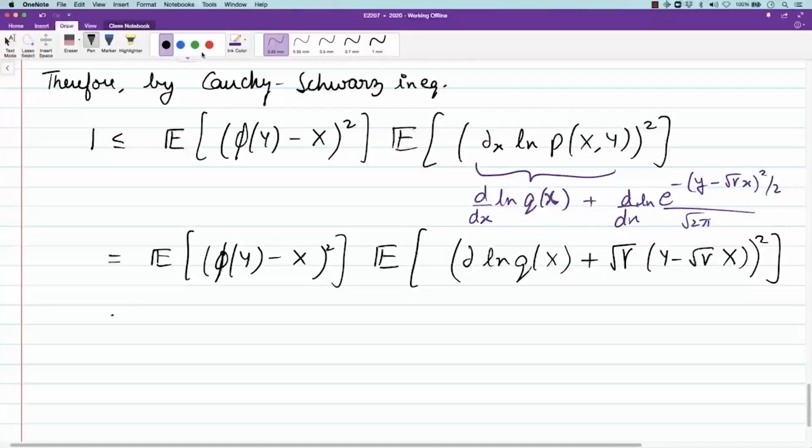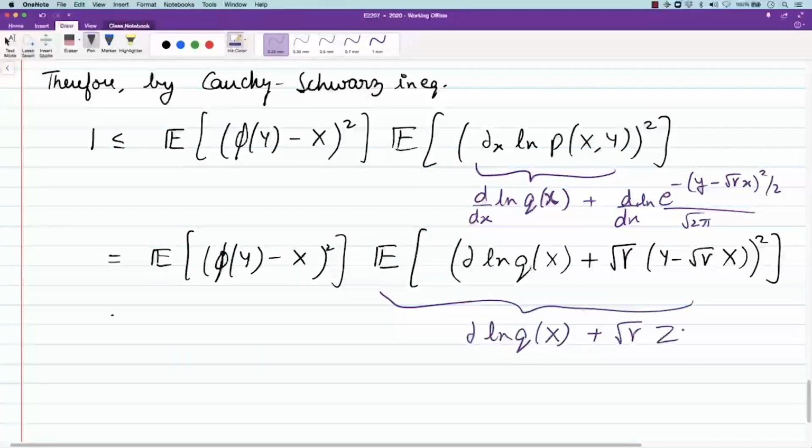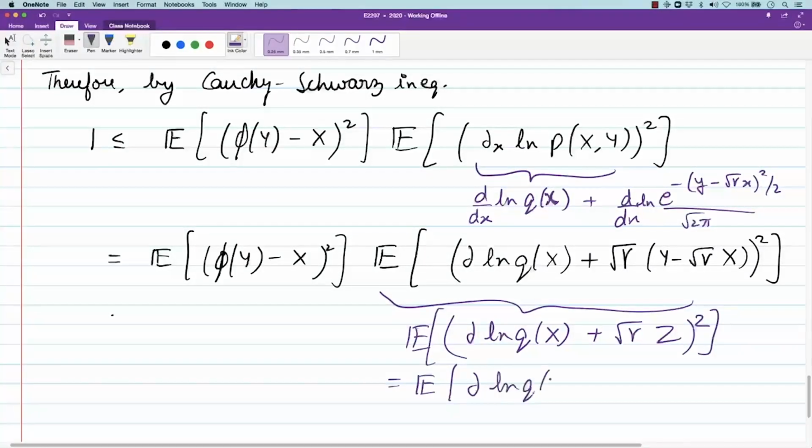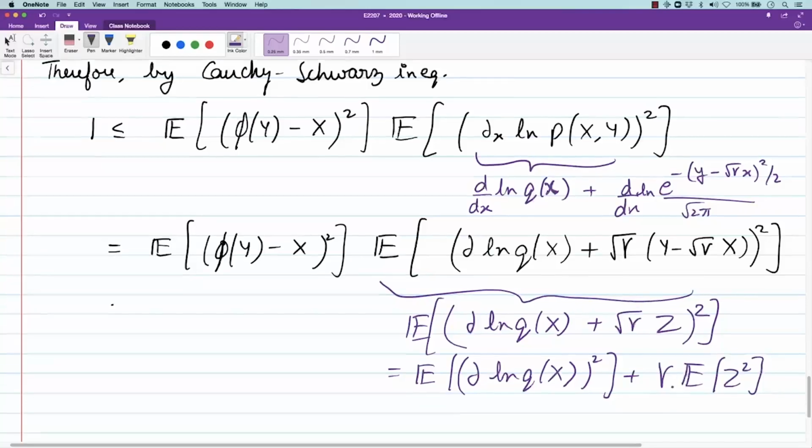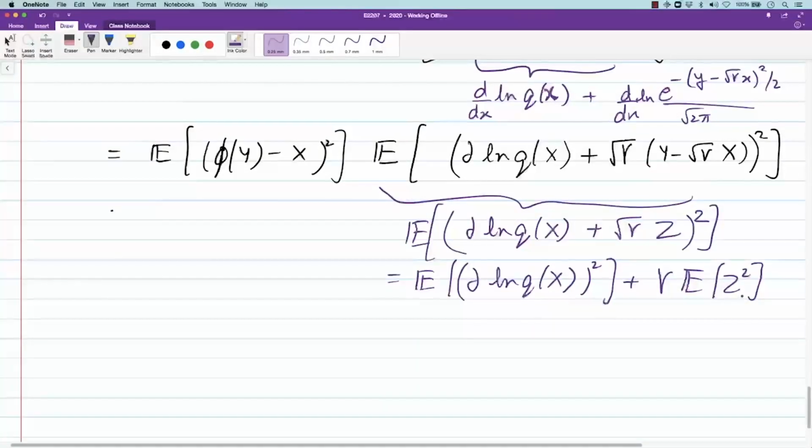So once again, if we just look at this quantity here, this is the derivative of log q(x) plus root gamma z, the noise, whole square. But x and the noise are independent. So this expected value is equal to the expected value of this q(x) derivative whole square plus gamma times expected value of z square. Because these two are independent and z is 0 mean, they are uncorrelated, so this remaining term is 0. So you get just this. Z square was a 0 mean unit variance Gaussian random variable, so this thing is just gamma.